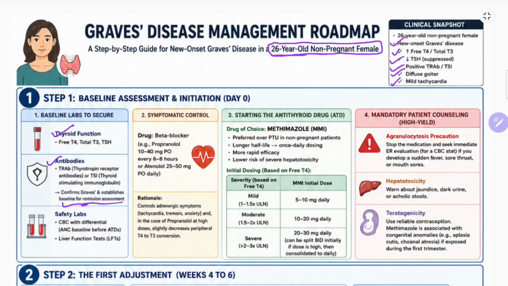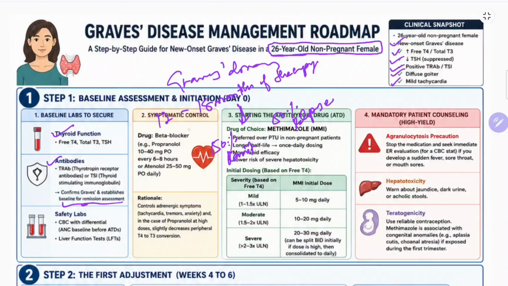So remember, in Graves' disease, after 12 to 18 months of therapy, 50% will remit and 50% will relapse. So we'll discontinue after 12 to 18 months. When will we discontinue?